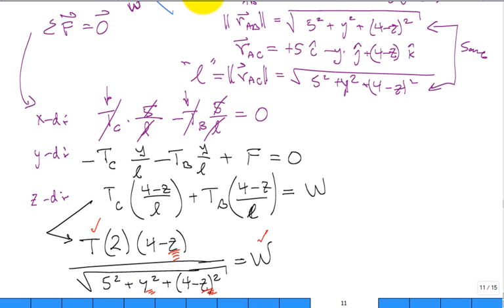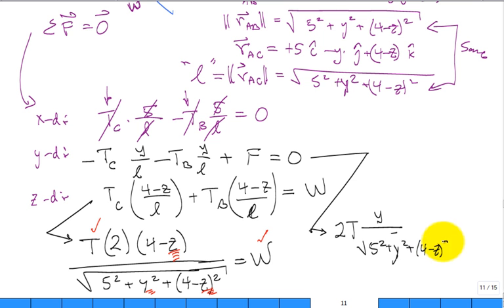We can take our other equation, and what do we have? We have 2 times the tension, which we know, times y divided by the square root of 5 squared plus y squared plus 4 minus z squared, equal to the F being applied.